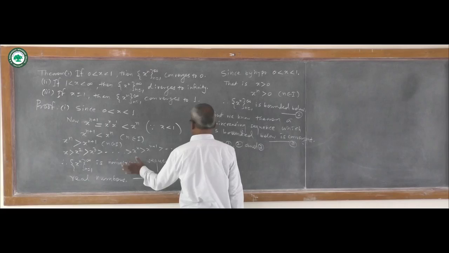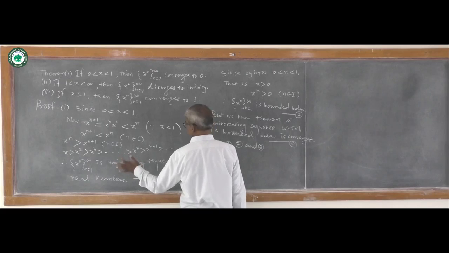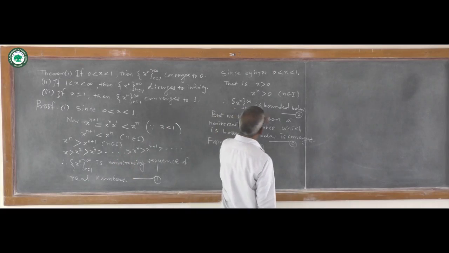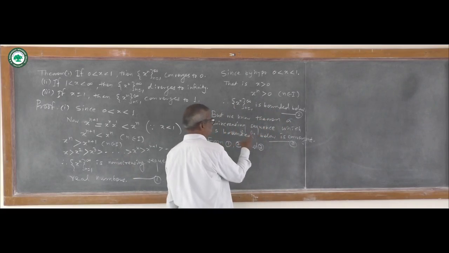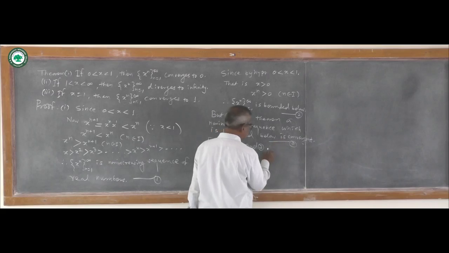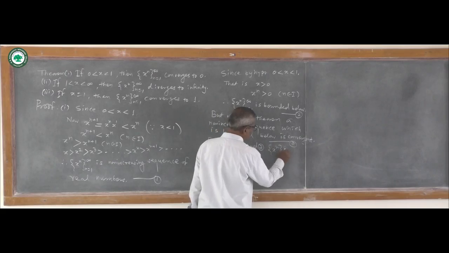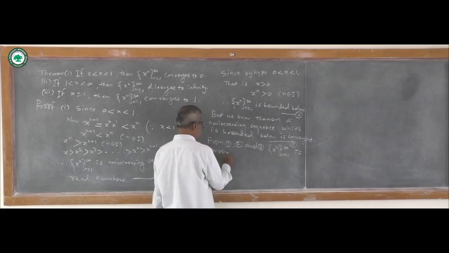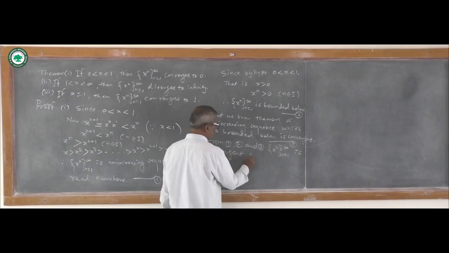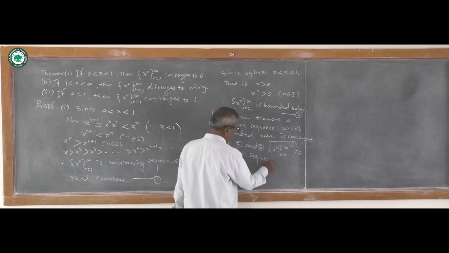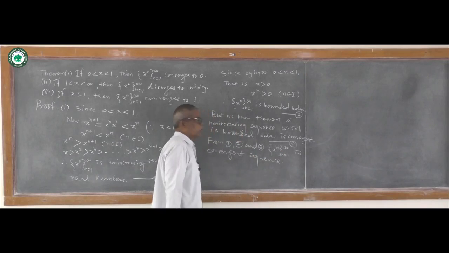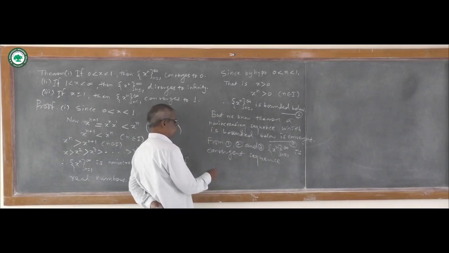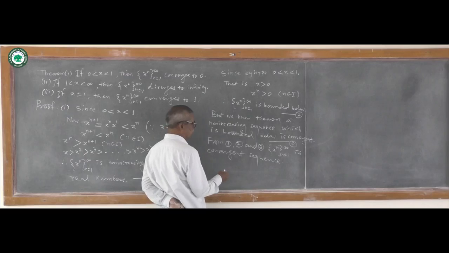x^n is a non-increasing sequence, and x^n is bounded below. A non-increasing sequence which is bounded below is convergent. Therefore, x^n, n = 1 to infinity, is a convergent sequence.